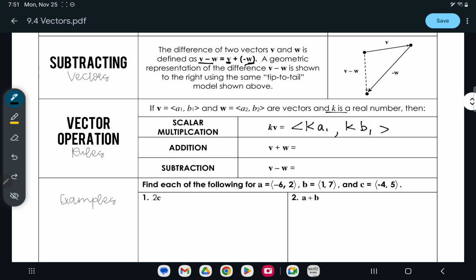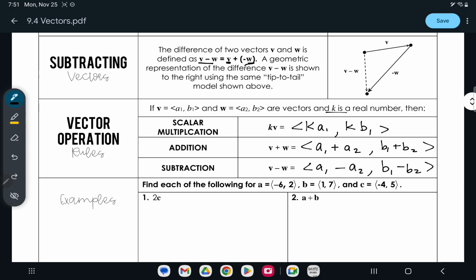So we'd multiply both components. The addition, we would add our X components, and we would add the Y components. Subtracting them is doing the same thing. So we just subtract the components.